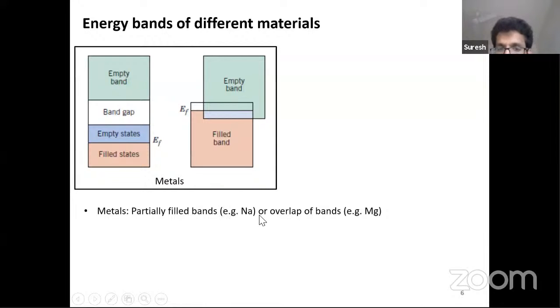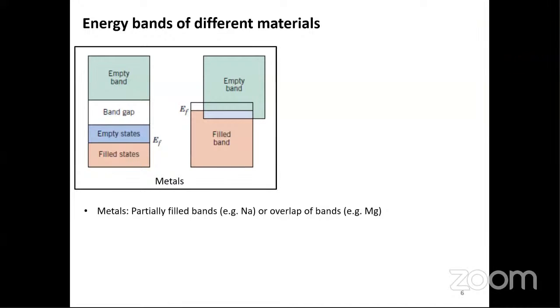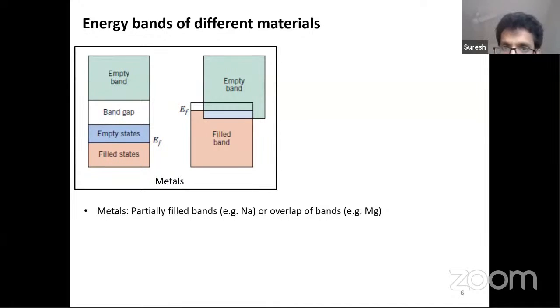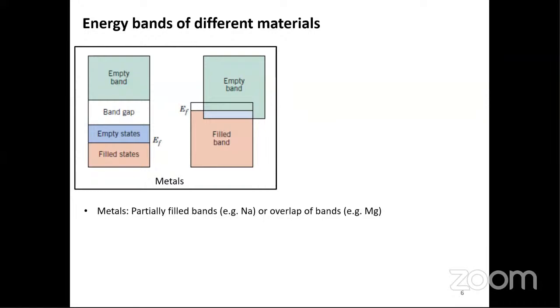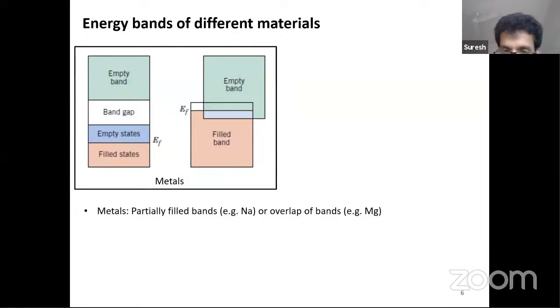For example, if you take sodium, what is the atomic number of sodium? 11. Yes, 11. What is the valence state of sodium? 1. Yes, it's 1, right? That means the s orbital is half filled.